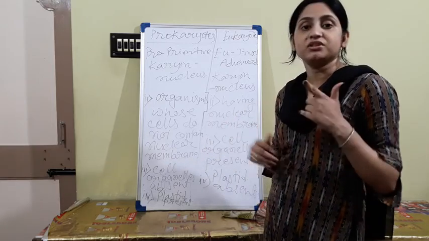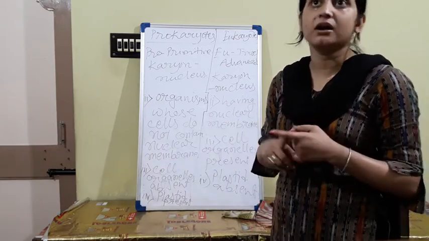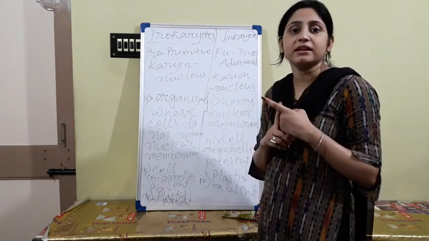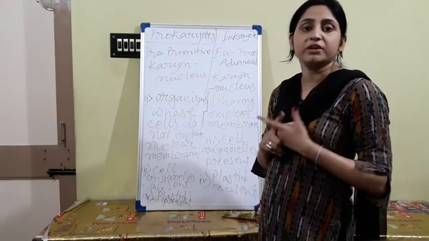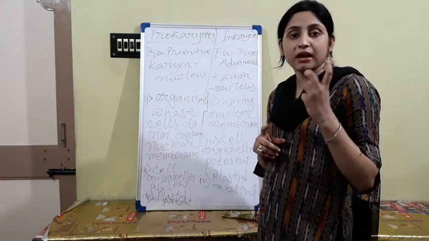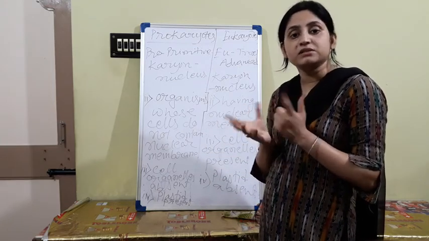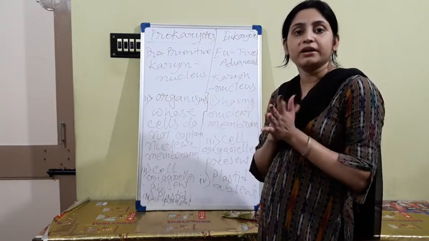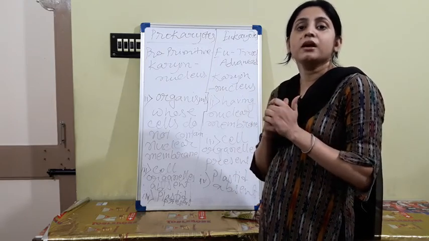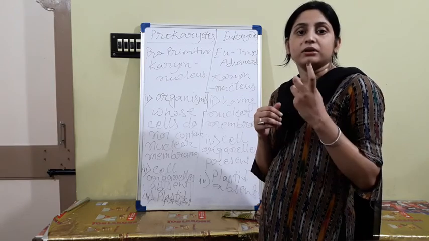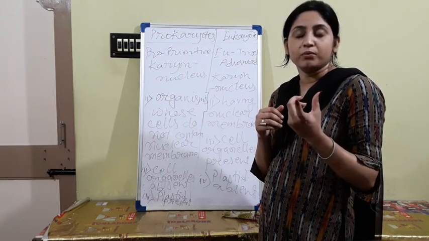Next one, plastid present. Obviously the bacteria, the primitive type, like cyanobacteria, blue green algae, contain chlorophyll. They contain plastids, maybe different types such as chloroplast, chromoplast, differing for their color, for food processing.